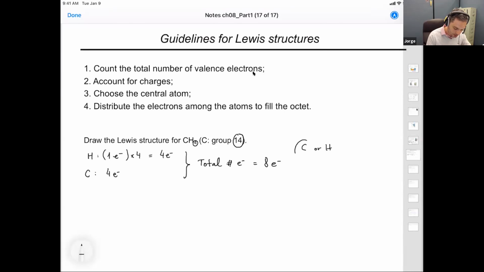Here it is very easy. Carbon has to be the central atom because hydrogen can never be a central atom. So what we do now is put carbon in the center, and let's spread the hydrogens around the carbon.